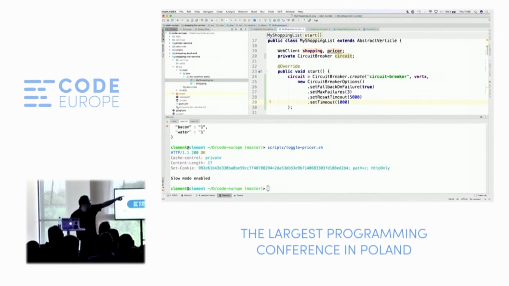Once this reset timeout occurs, the next request will call the service just to check if it's back on track or not. If it's not, it will go back to the open state and wait again 5 seconds. And if it's back on track, it will go back to the closed state and restart calling the service as usual.